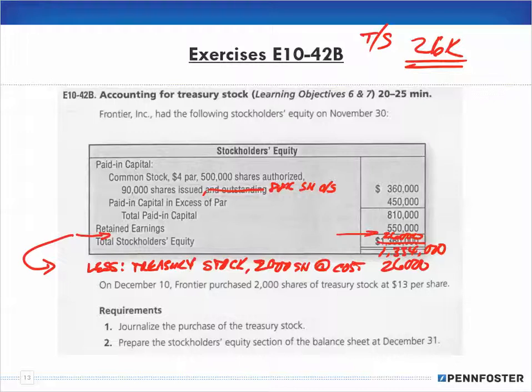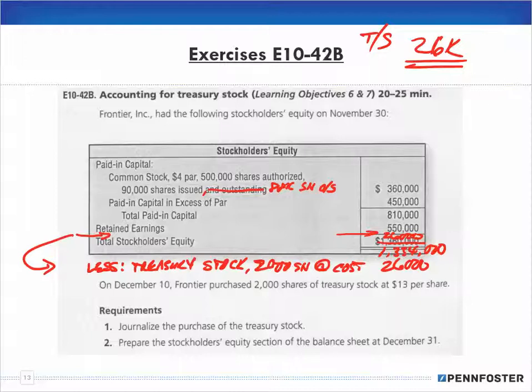If you didn't understand anything on these last two exercises, go back and watch 10-38B, and if you have any questions about how to create the stockholders equity section, take a look again at the theory.